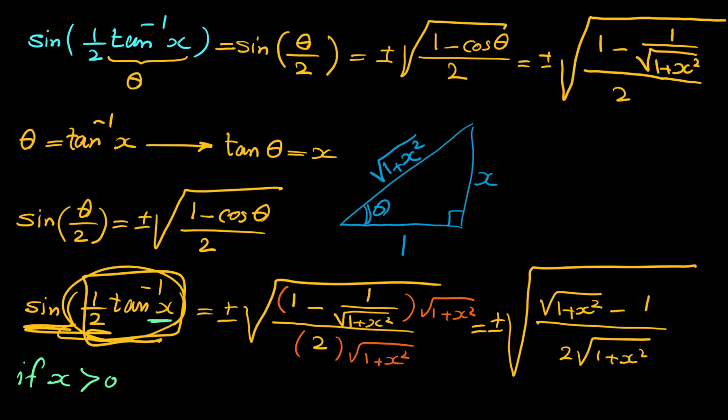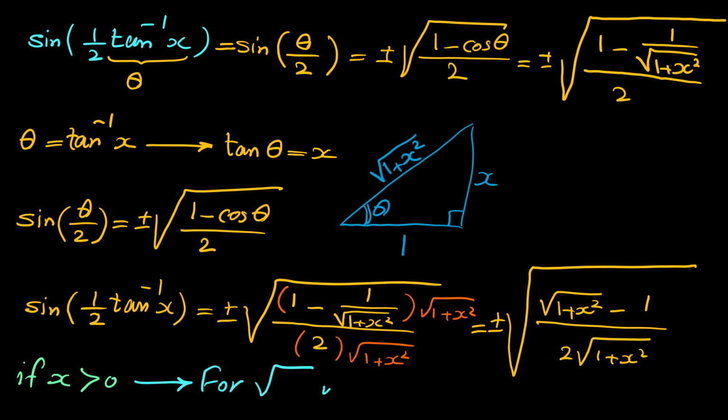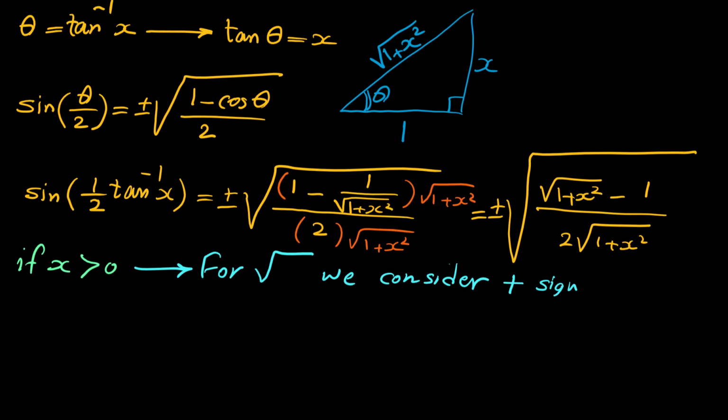So we consider the positive sign for the radical. And if x is negative, for the radical we consider the negative sign.